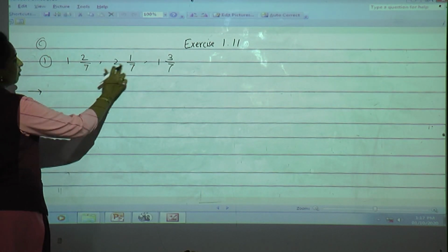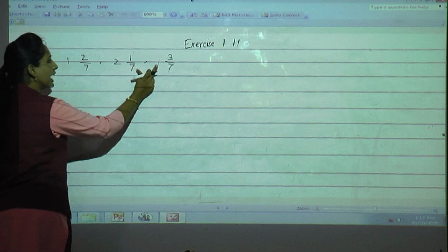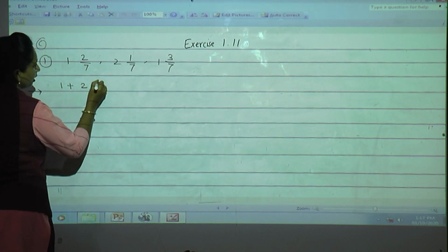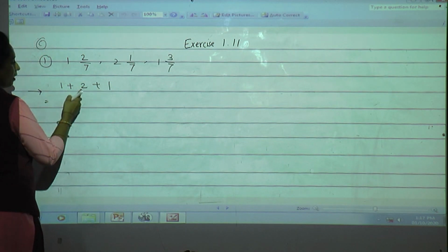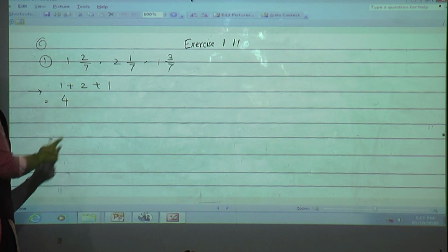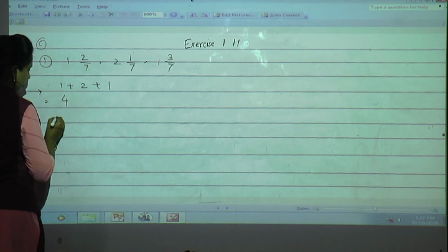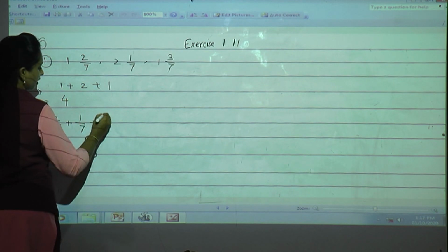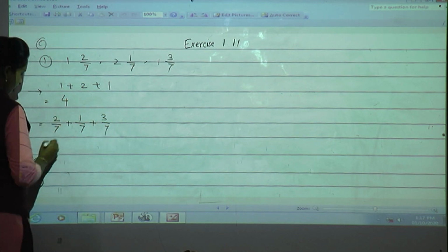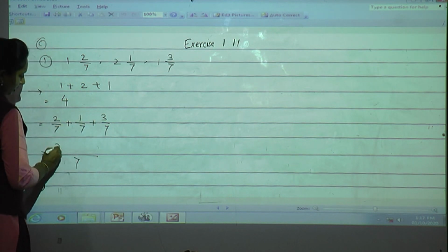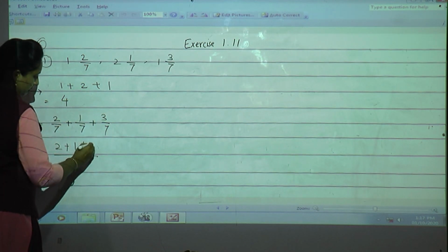So first what we have to do, we have to add whole numbers together. 1 plus 2 plus 1. So 1 plus 2 is 3, 3 plus 1 is 4. Now the remaining numbers, 2 by 7, 1 by 7, 3 by 7. Now write 7 commonly, then add numerators 2 plus 1 plus 3.